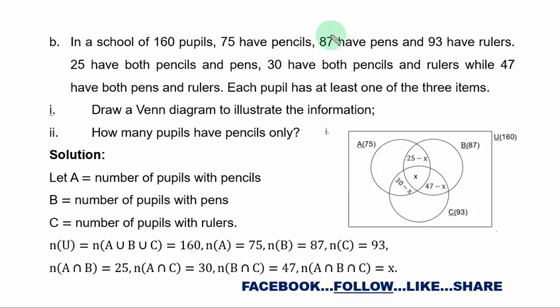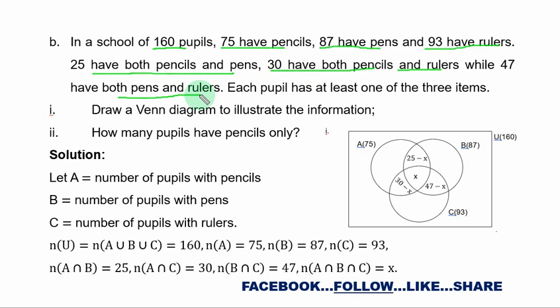Question 6b. In a school of 160 pupils, 75 have pencils, 87 have pens, and 93 have rulers. 25 have both pencils and pens, 30 have both pencils and rulers, while 47 have both pens and rulers.